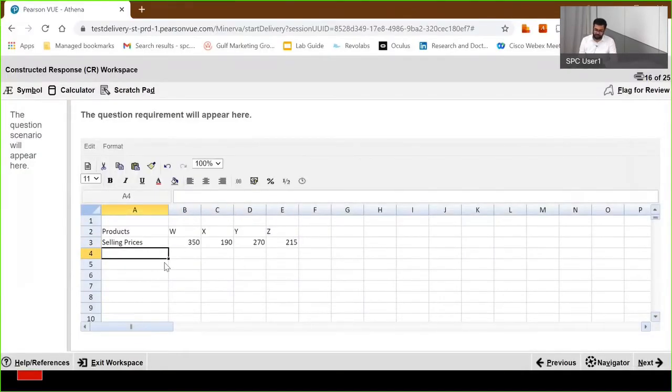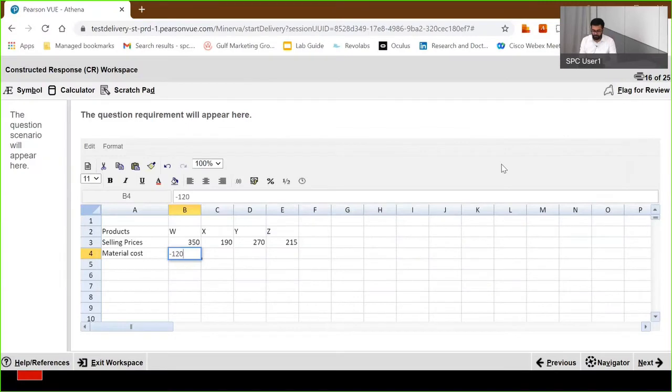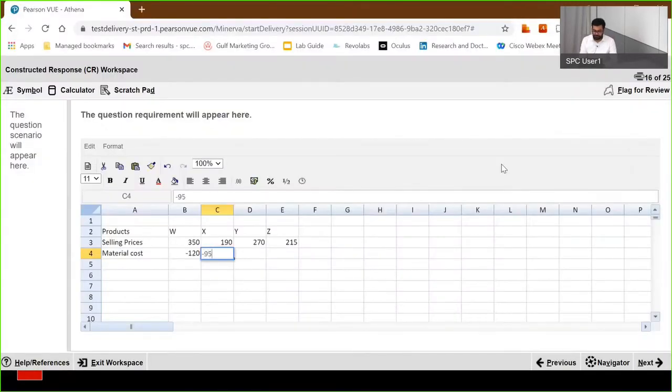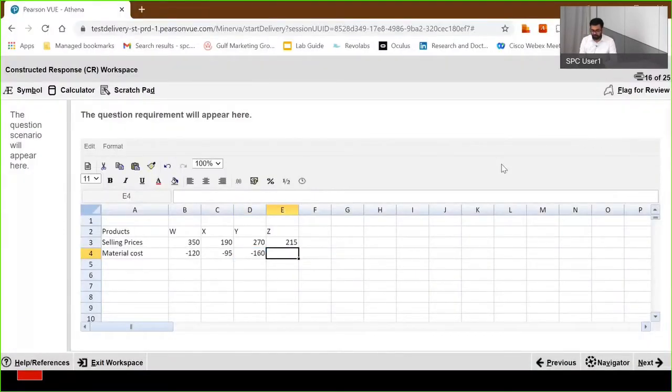Because we need to calculate throughput contribution per unit, students should not make the mistake of taking the conversion cost into account also. While calculating throughput contribution, we only take the material cost. So subtract the material cost: we have 120 for W, for X it is 95, for Y it is 160, and for Z it is 75.